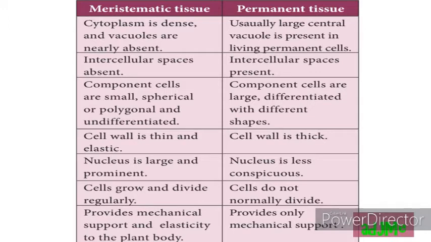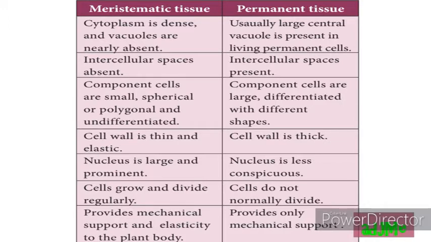There are more intercellular spaces in permanent tissue, but you don't have a space at all in meristematic tissue. Already we have learned permanent tissues, parenchyma, sclerenchyma, collenchyma, where these cells have intercellular spaces. I hope you remember the pictures that I displayed in the last class with the intercellular spaces, which is not so in meristematic tissue. There is no intercellular space at all.